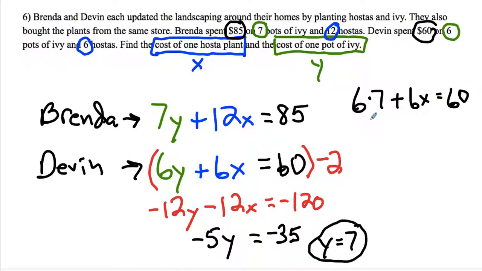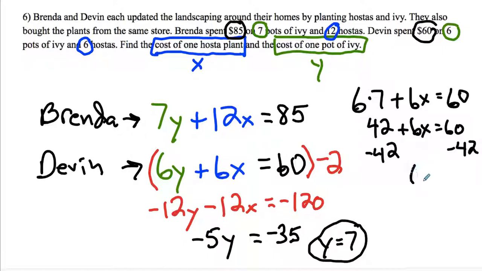This is 42. I'm going to subtract that 42 from both sides. So I'm simply solving here. I get 6x equals 18. Divide by 6, and x equals 3.